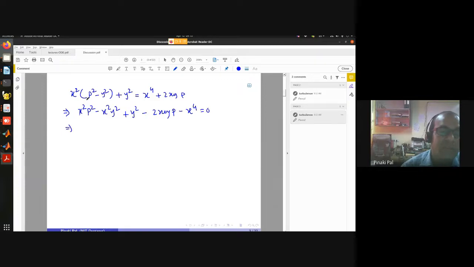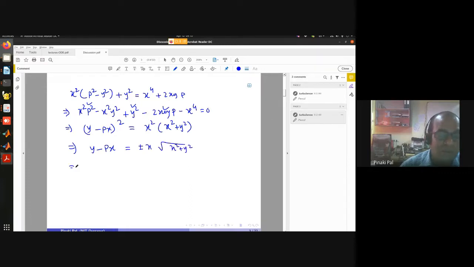This implies we can take these three terms and write (y minus px) whole square, and the other term we can put on the right hand side: x square plus y square. Okay, so therefore we have y minus px equal to plus minus x root over x square plus y square.